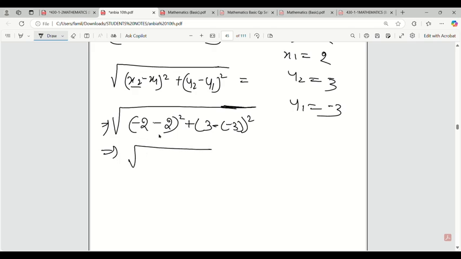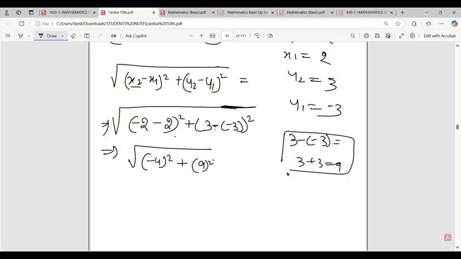What you will get if you solve this? Minus 2 minus 2 is minus 4, minus 4 whole square, plus 3 minus of minus 3, which will give you 3 plus 3, which will be 9. So 9 whole square. Okay, so 4 whole square will be 16, 9 whole square will be 81.